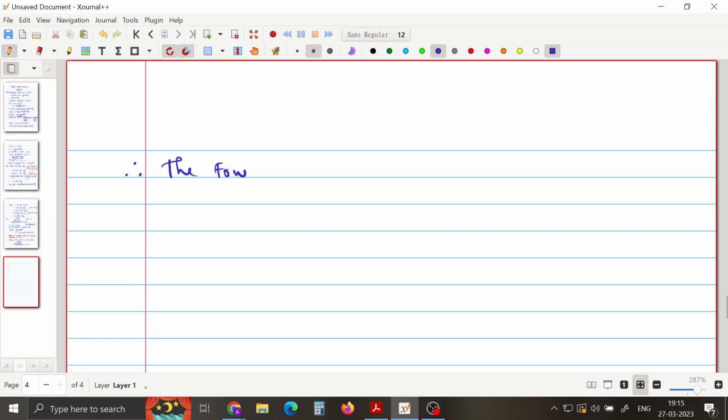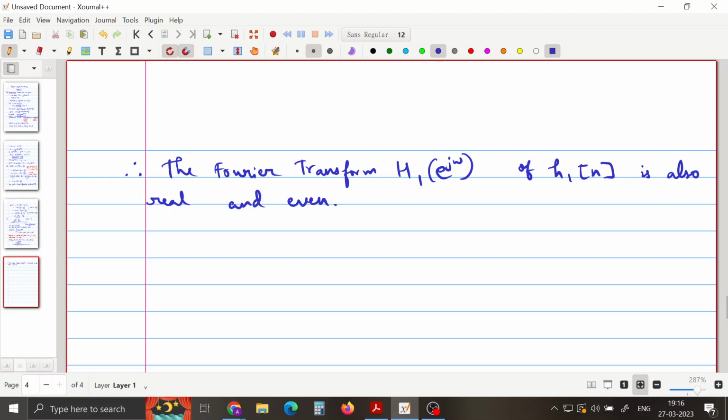The Fourier transform of small h1 of n is denoted by capital H1 of e power j omega, and it is also real and even.